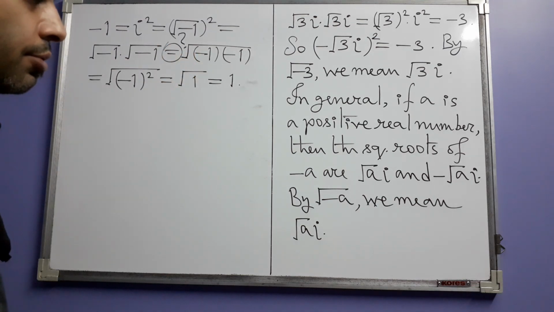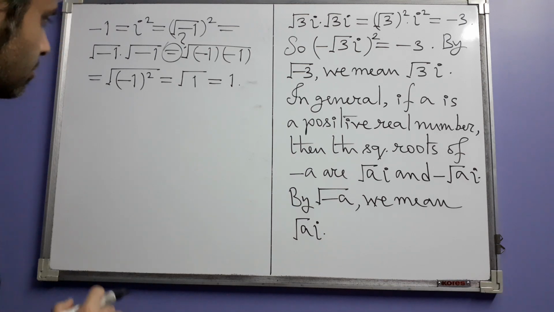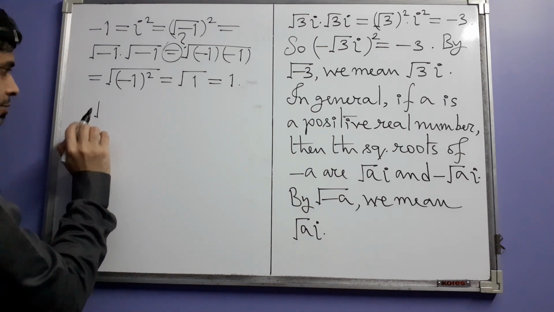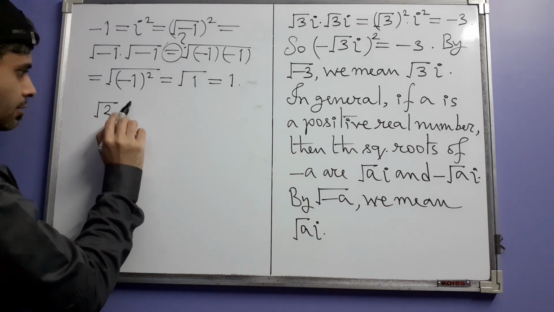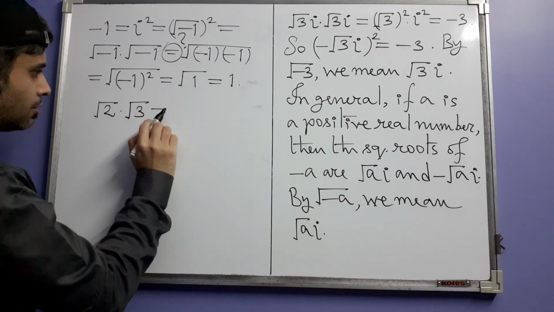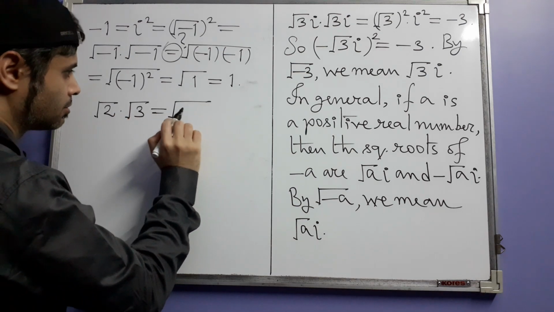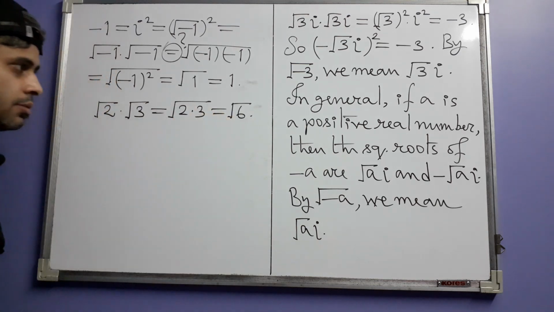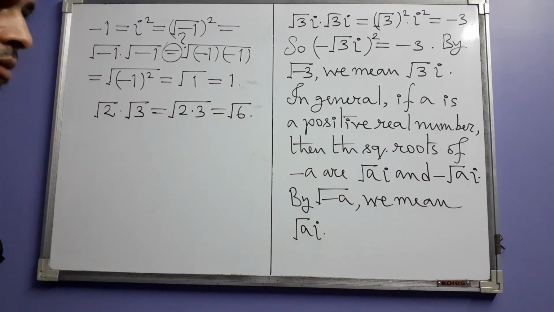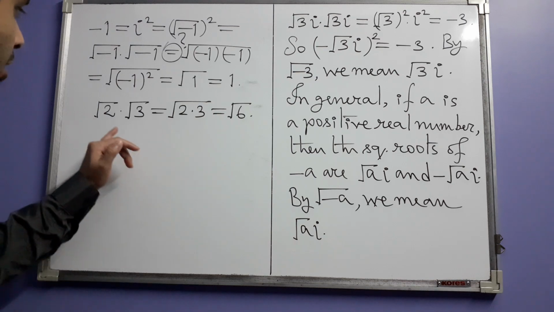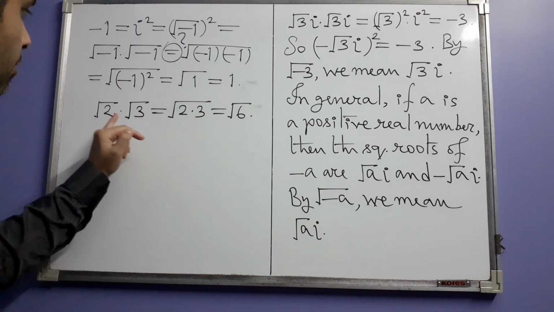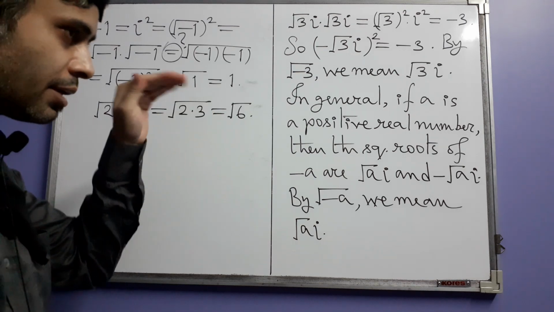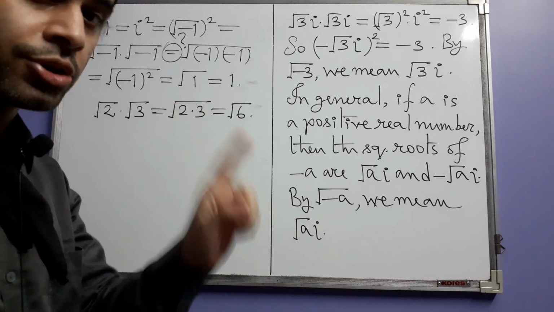The usual rules of exponents that you use, one of those rules lets you write, for example, this in place of this. However, always keep in mind that this rule works only when the numbers under the radical sign are positive.